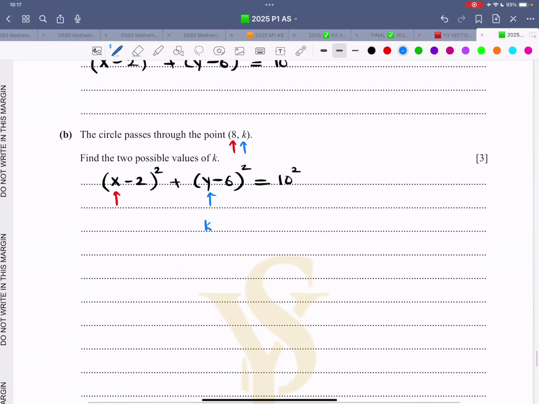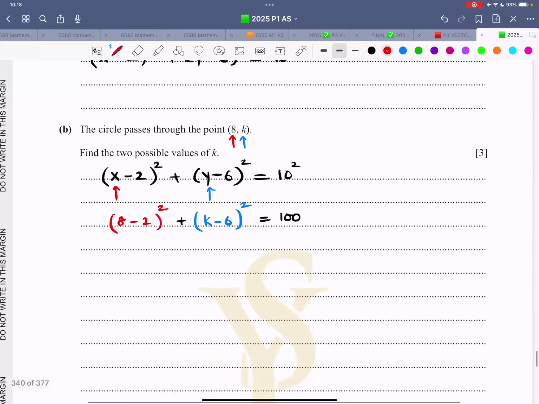So this is (k minus 6) whole square, this one is (x minus 2) whole square, and there is a positive sign, and this equals 100. Instead of x, I can plug in the value of x, which is 8. So let me write 8 over here.